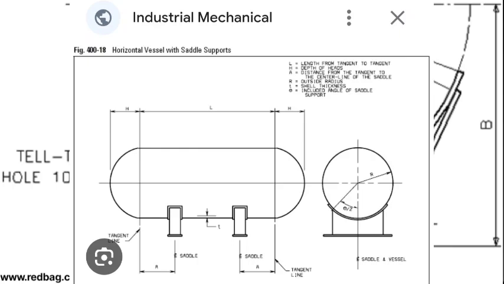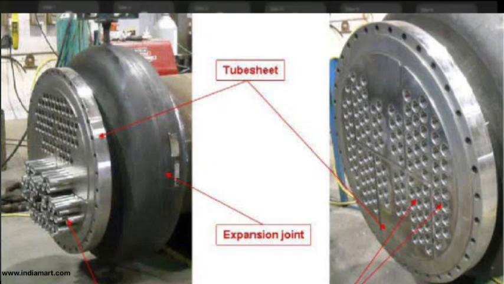So you take the tan to tan length, multiply it with 0.2, and whatever value you get, you place the center line of your saddle there. It may not always happen that your saddle is placed from the tan line. It may happen that the distance of the saddle is taken from the tube sheet. So basically that is the distance of the saddle from a line of support.